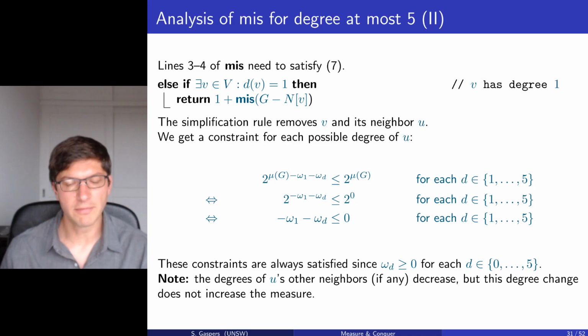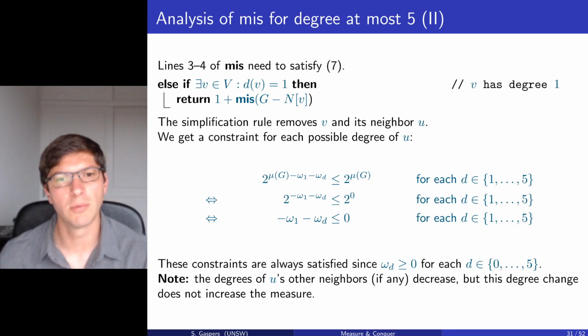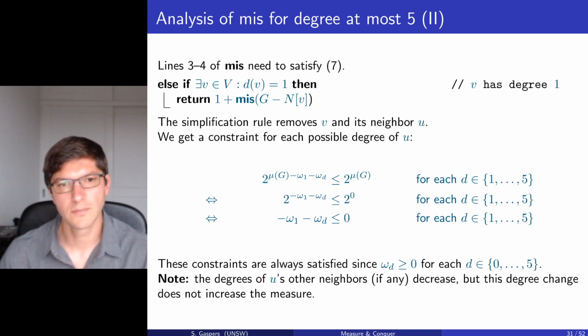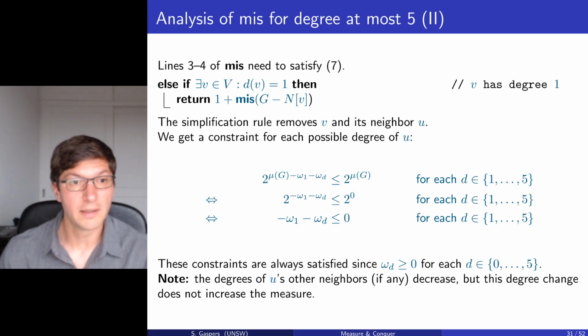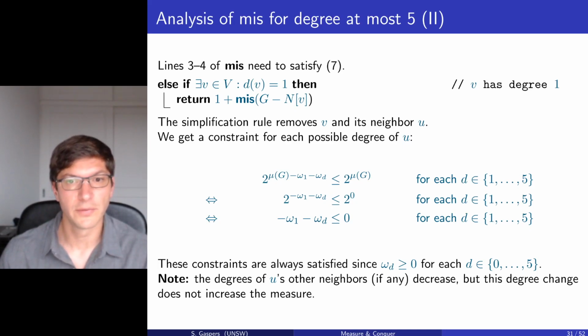So on the left hand side we get 2 to the power mu of g minus omega 1 for the degree 1 vertex minus omega d for its neighbor. So we want to be able to apply the simplification rule no matter what degree the neighbor has. So we are going ahead and we write down one constraint for each possible degree of the neighbor. So for every d between 1 and 5, we get such a constraint.